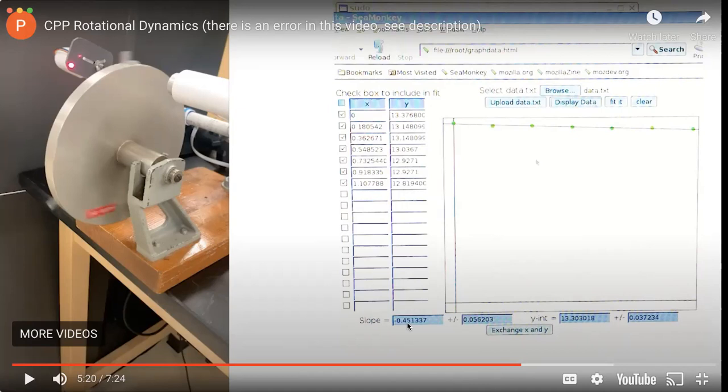Okay. Any questions about the data collection so far? Any questions about what to record and how to calculate? Yeah, go ahead. For the torque, since we are converting to kilograms, do we use 9.8 for gravity?